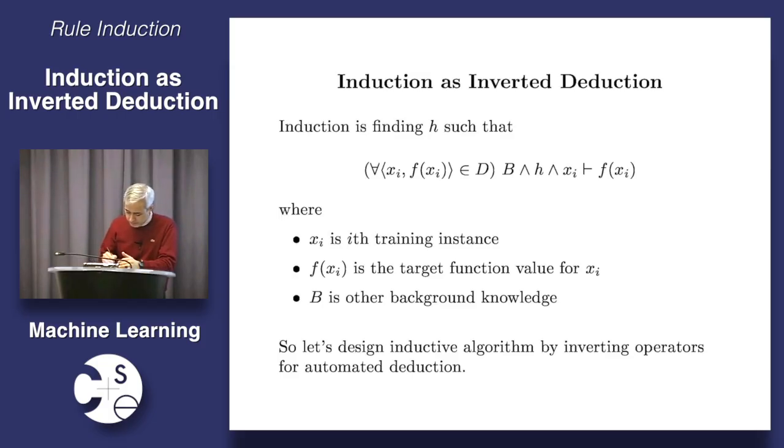Here's a formula defining what we want to do. And we're going to be playing with this formula a lot, so let's take it one step at a time. Induction is finding a hypothesis, right, from a hypothesis space. And let's call that hypothesis H, right? What do we want that hypothesis to do?